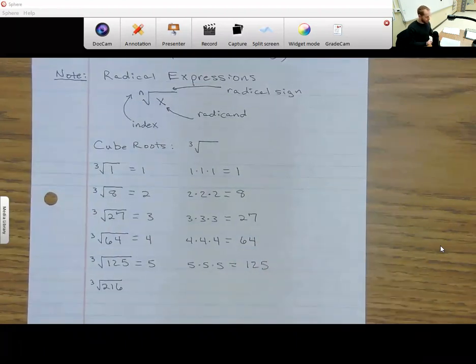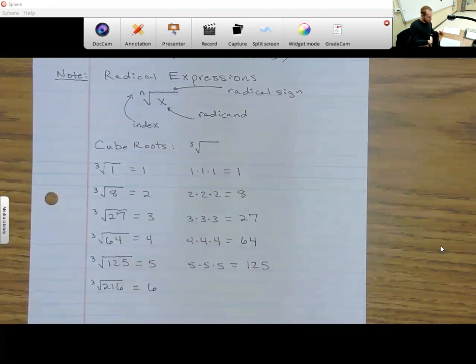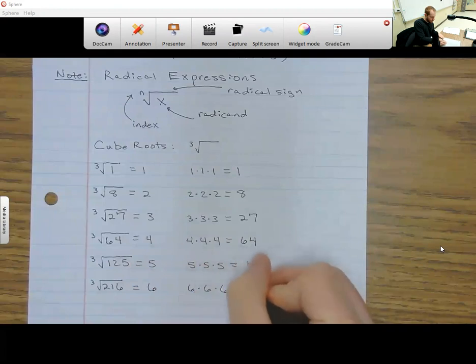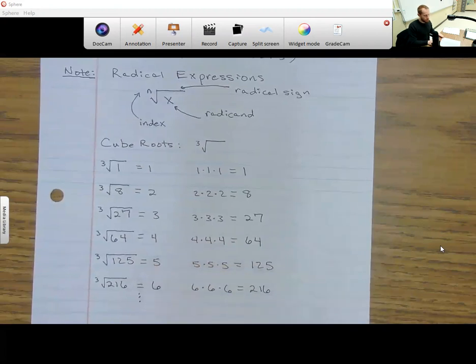And then cube root of 216 would be 6. And it even ends in a 6, right? I'm sure that's just a coincidence, though. 6 times 6 times 6 gives me 36 times 6. That is 216. And the list goes on. There's an infinite number of perfect cubes out there.